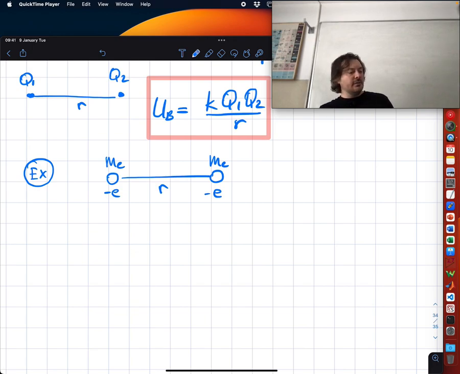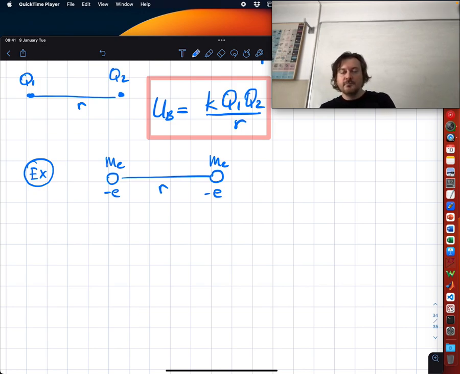What is going to happen when I release them? Both of them are electrons. They will repel, right? So they will fly to infinity. My question is, what are their velocities at infinity? Do you understand the question?